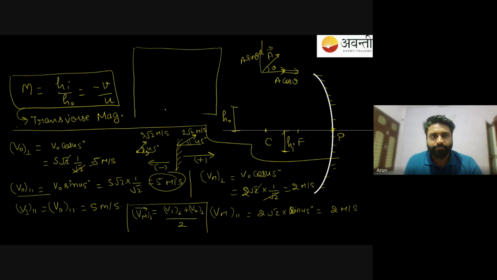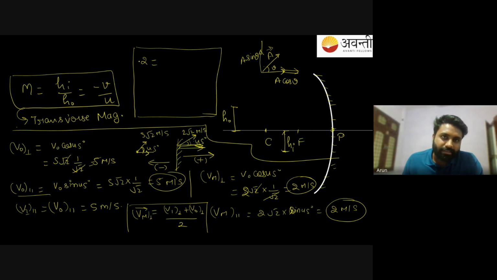So the velocity of the mirror perpendicular we have as 2 here. This is the parallel one, this is the perpendicular one. So 2 is equal to the velocity of the image that we wish to calculate plus the velocity of the object. This 2 is also in the positive direction, in this direction.